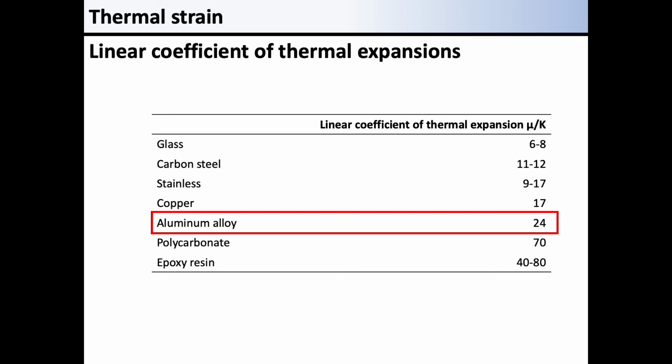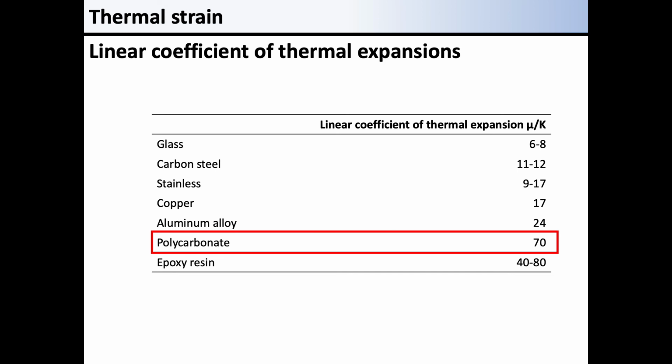Next, we are going to consider polycarbonate and epoxy resin at the bottom of this list. Polycarbonate is a thermoplastic resin. Thermoplastic resins soften and melt when the temperature is raised.